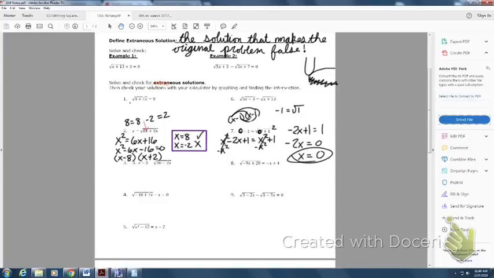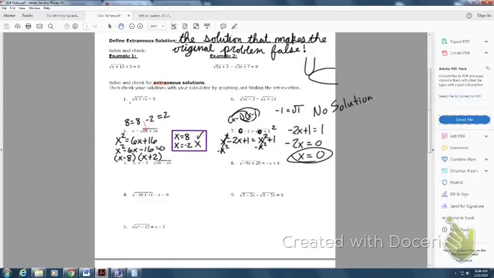So because we're dealing with the square root, we don't want the square root to give us a negative answer. So whenever I'm checking this and I see that it says the square root of 1 is negative 1, even though that is a true statement, think of it as within the world of square root functions, that is going to be my extraneous solution.